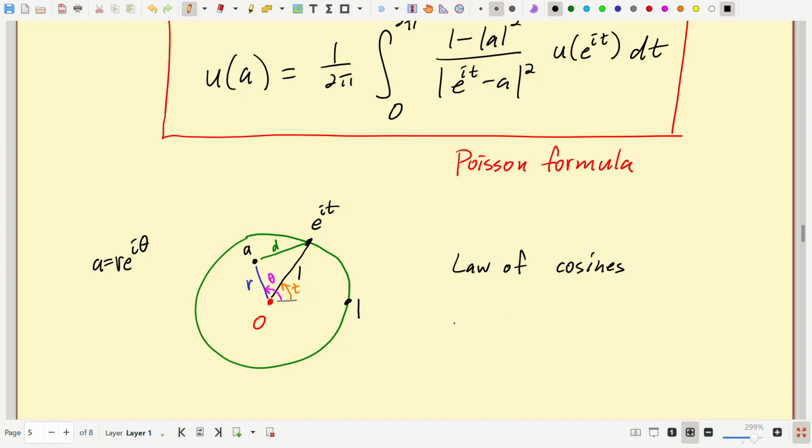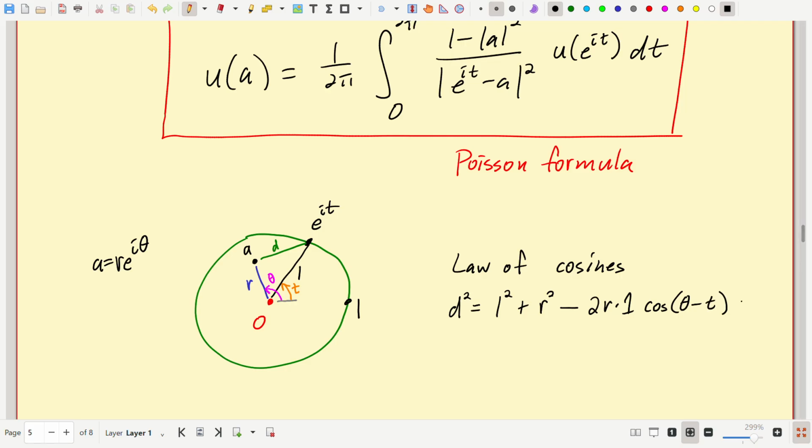Let's see. D squared. What's the law of triangle? If that thing were a right angle, then the law of cosines would say d squared equals 1 squared plus r squared minus 2r times 1 cosine theta minus t.